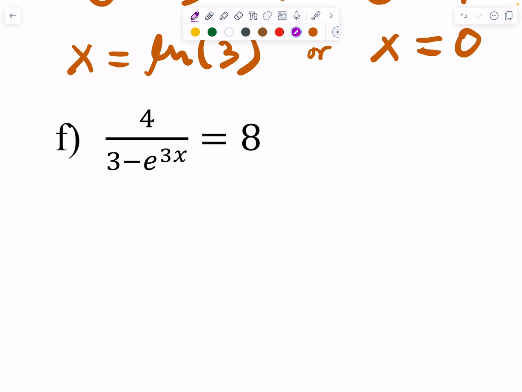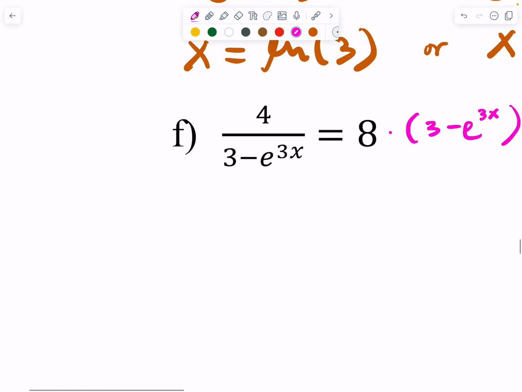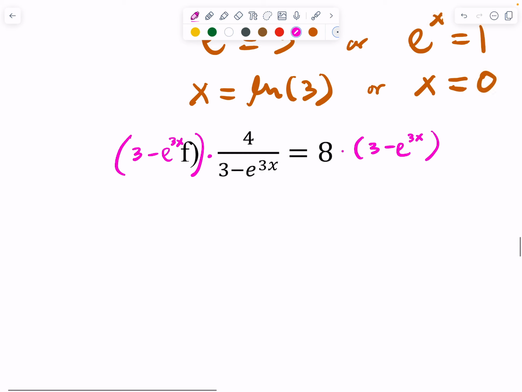This next equation, notice that the variable x is in the exponent position, but it's also in the denominator. So we need to first think about getting 3 minus e to the 3x out of the denominator. We can do that by multiplying by 3 minus e to the 3x power on each side of the equation. And if you are writing down this step, please put grouping symbols around the 3 minus e to the 3x on both sides of the equation when you multiply.